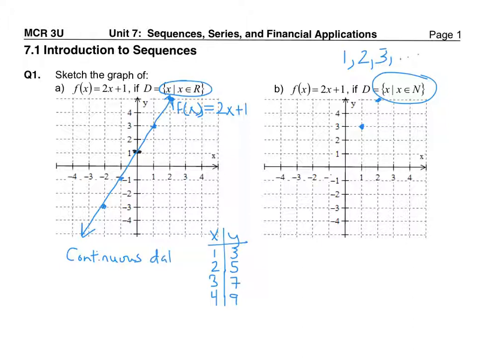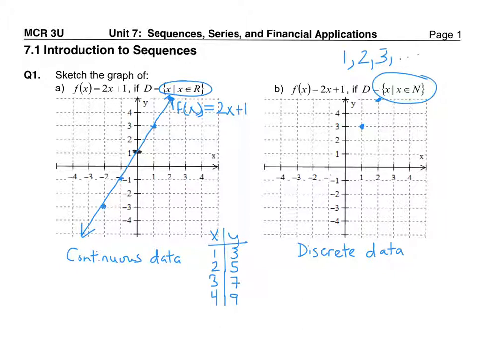In our second example, because we are only looking at specific values, specific points, this is called discrete data. And if you go into data management for grade 12 math, you might look at the difference between continuous and discrete when you're working with your data management. All right, now these points aren't joined together because we are leaving values out.